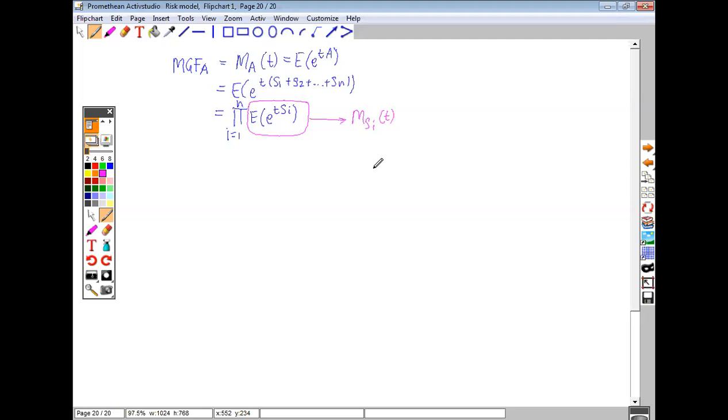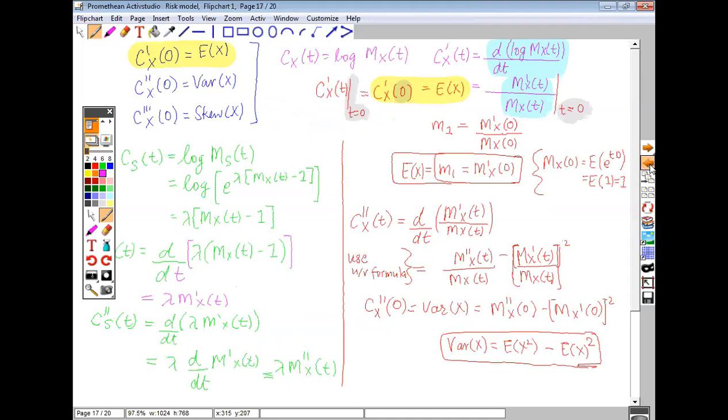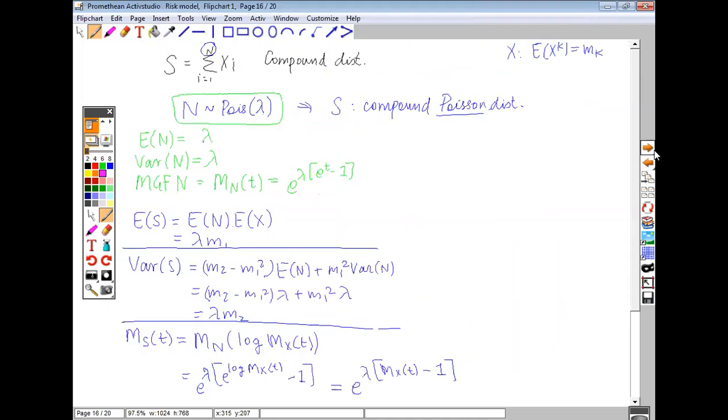So, do you remember, if my Si's follow a compound Poisson distribution, what the MGF was? We know that each of my S guys follows a compound Poisson distribution, and the MGF is e raised to lambda times (M_X(t) minus 1).